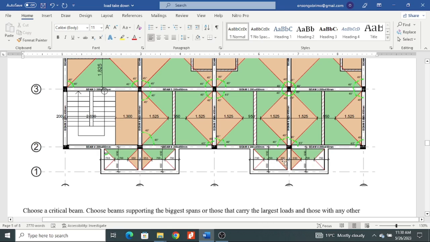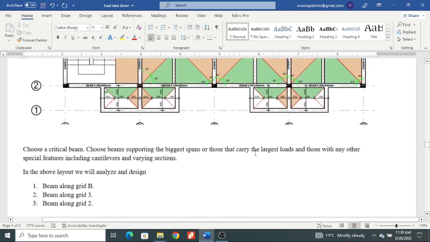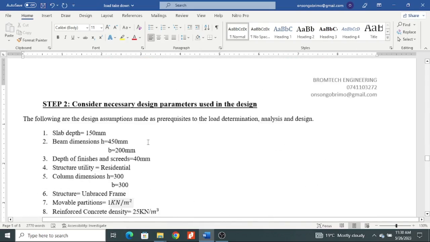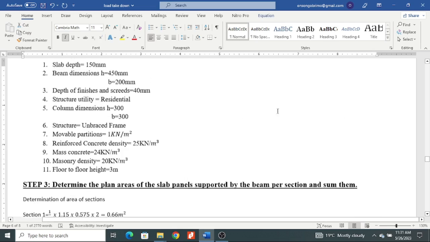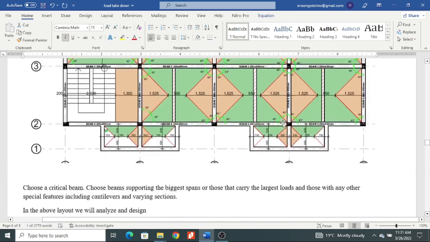This is 0.65 meters. Let's see that. No, it's not there. That is section 4 that we have looked at, you see. And then that was 1.3 and a half, and I multiplied by 2 because they are 2. So you should find this area.